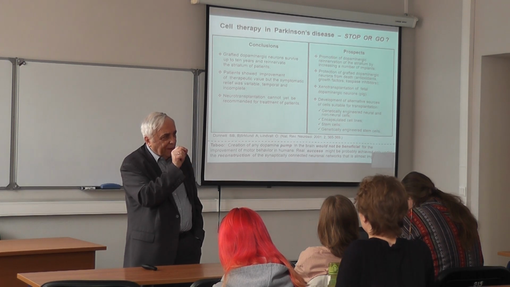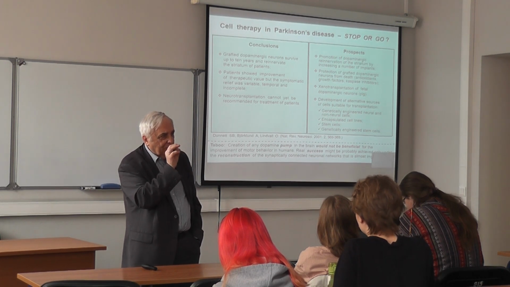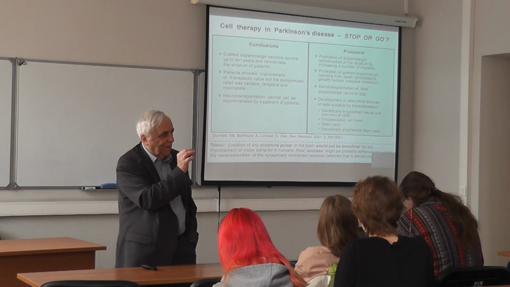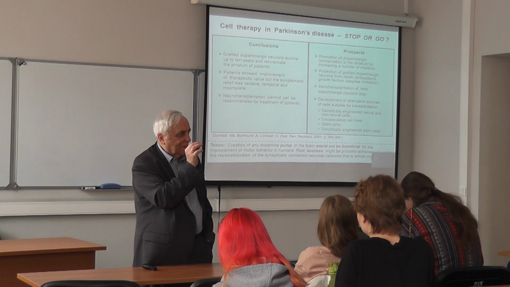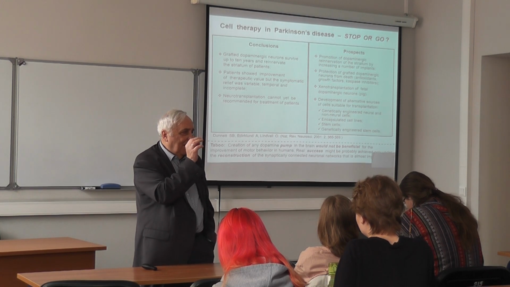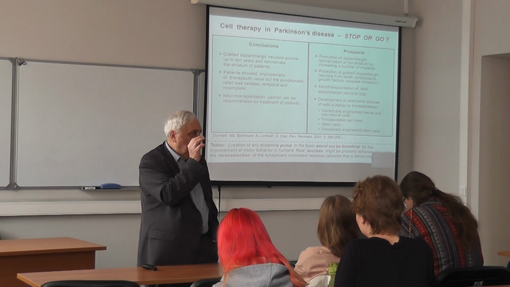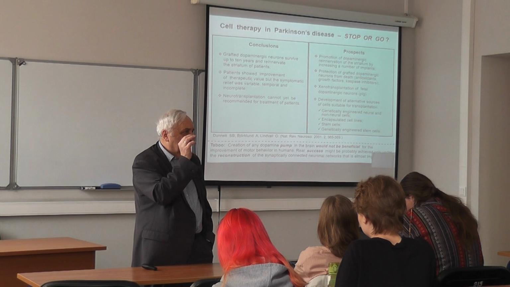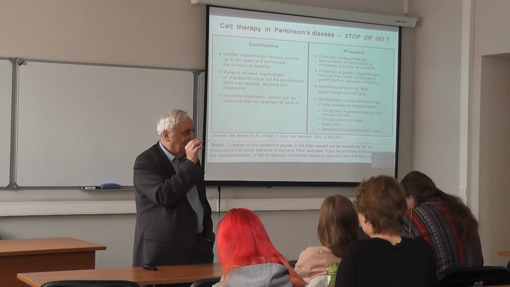Why do I point to synaptic regulation? Any dopaminergic neuron in the substantia nigra receives from 10 to 10,000 synapses, which synaptically control the functional activity of these neurons.